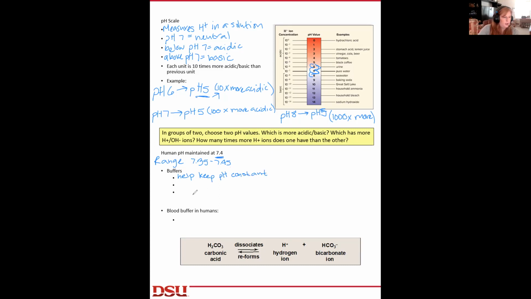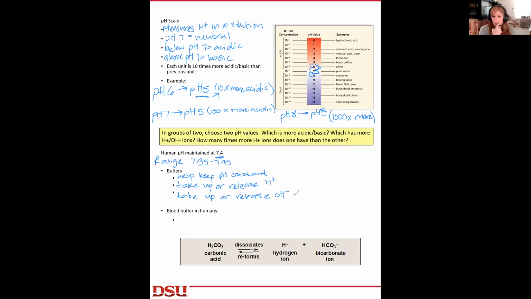That means that in order to do that, they'll either take up or release protons, or take up or release hydroxide.